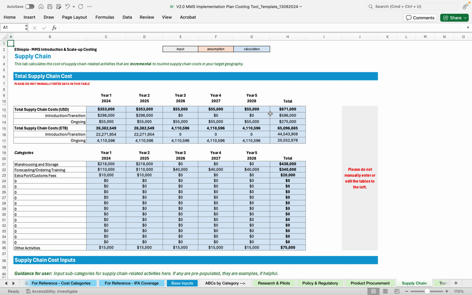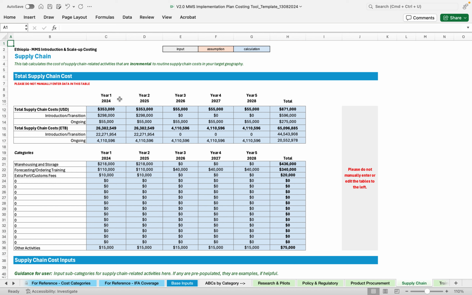The next tab is supply chain costs, and this goes back to the format of research and pilots and policy and regulatory activities. To note, routine supply chain costs should not be included. So supply chain costs outside of product procurement and routine supply chain costs included in distribution to facilities and to the end user should not be included.